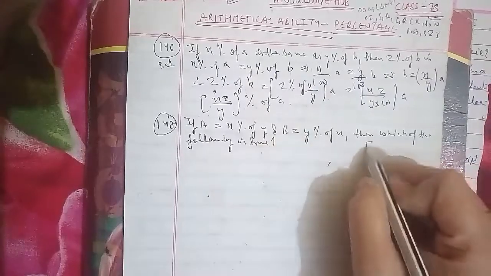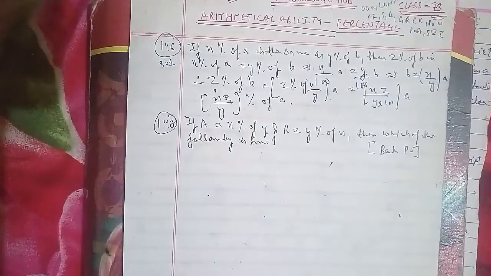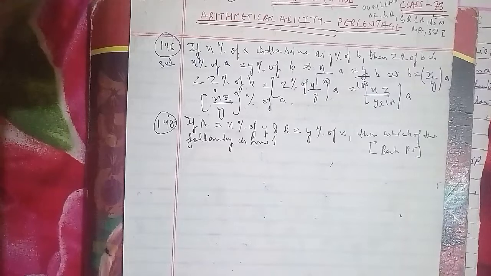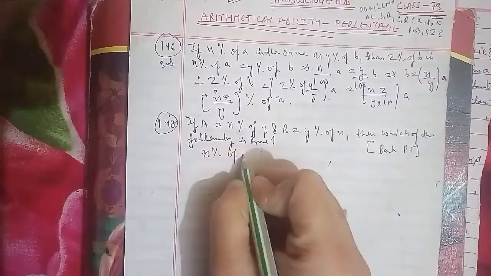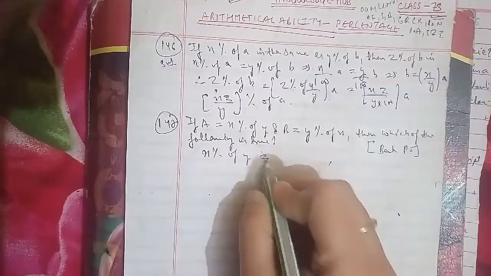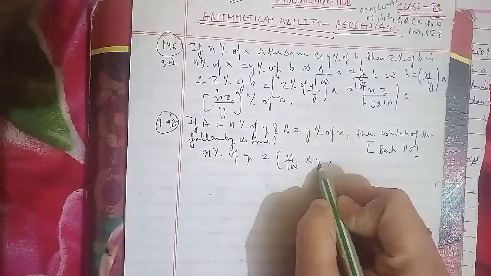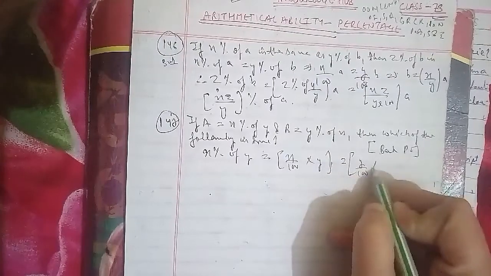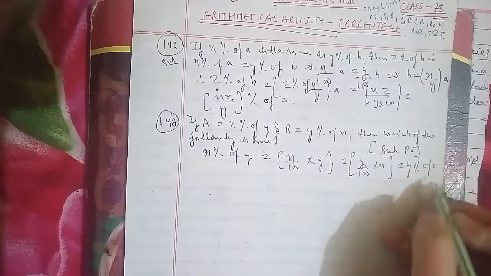This question has been asked in a bank PO question paper, which makes it an important one as well. So x% of y equals x upon 100 into y, which equals y upon 100 into x, which equals y% of x.